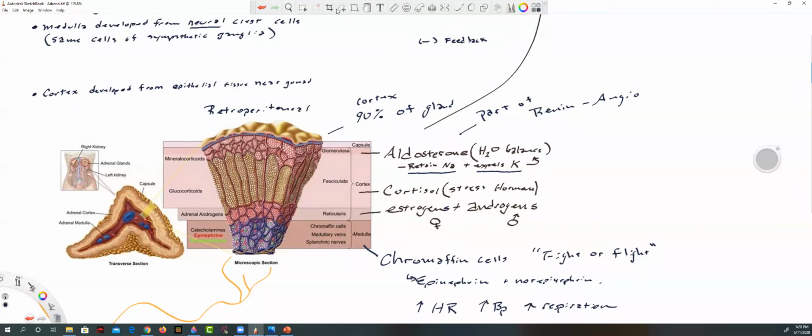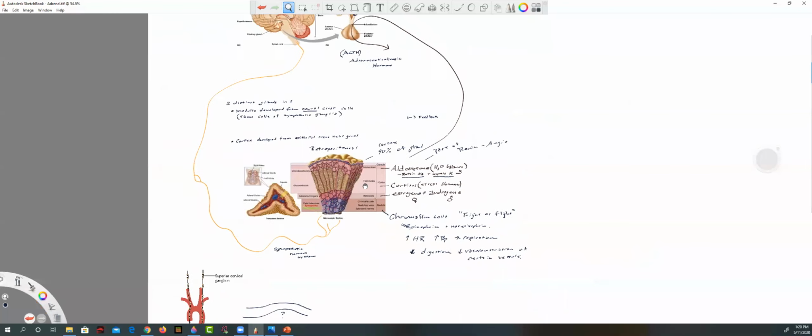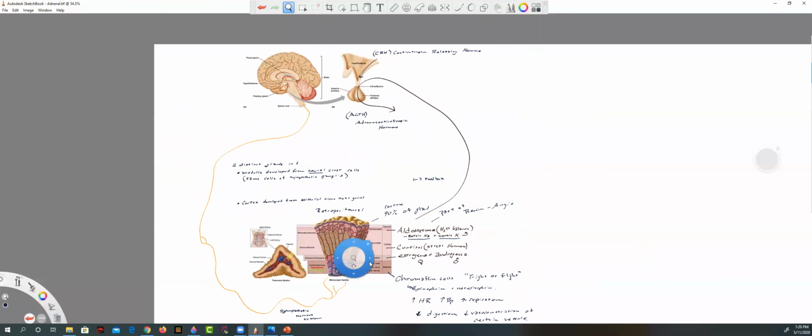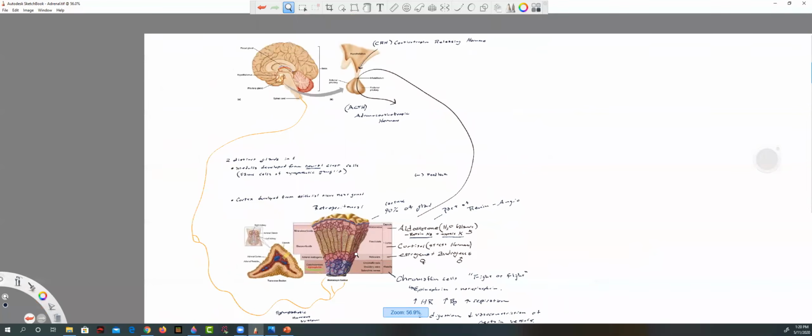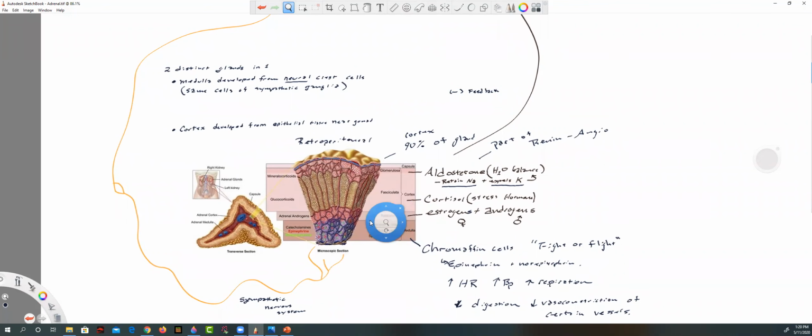Okay, so let me back this up a little bit. How do we control this? Let's talk about the fight or flight response. How does an organ that is all the way down in our abdomen change our physiology so quickly?